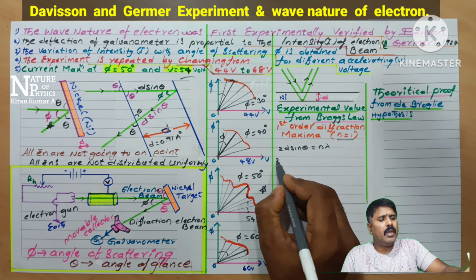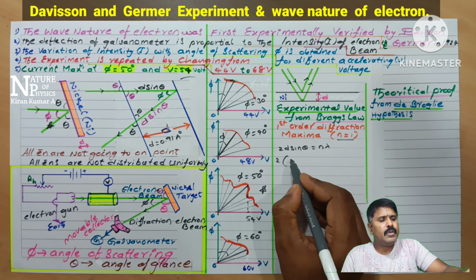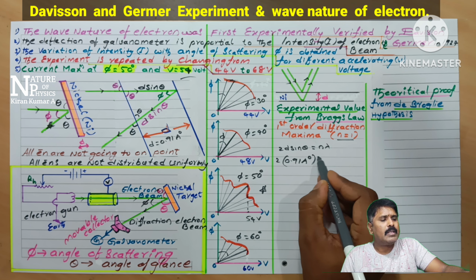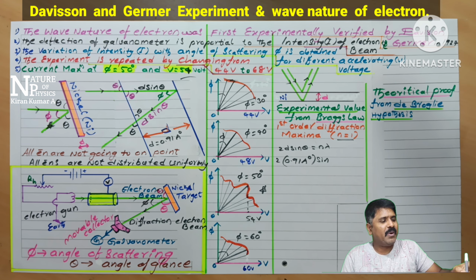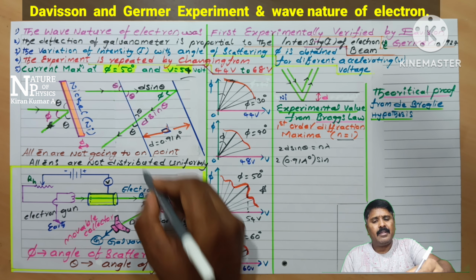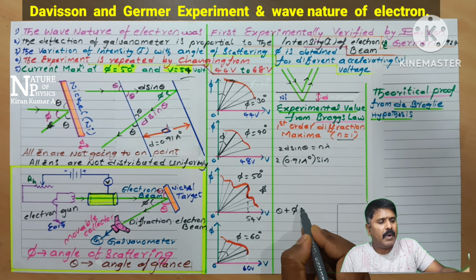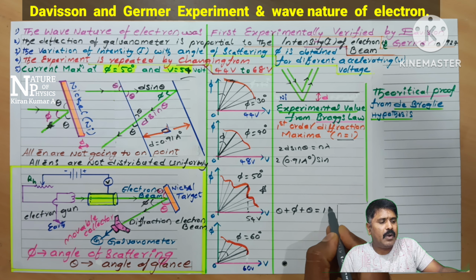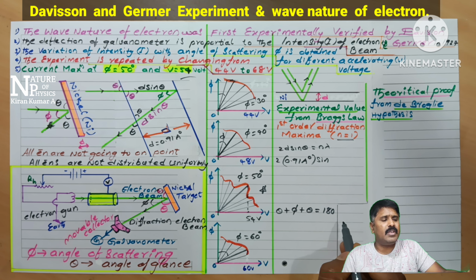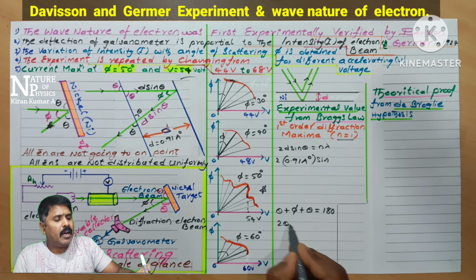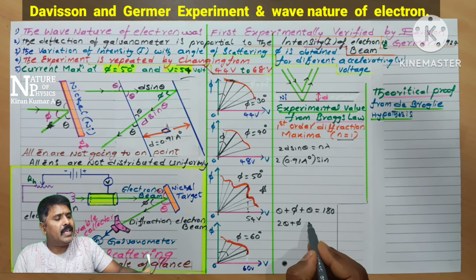So replacing 2 into the D value, 0.91 angstrom, into sin theta, we have to find the theta value, student. For this theta value, theta plus phi plus theta is equal to 180 degrees, student. Theta is the angle of glancing, phi is the angle of scattering, student. So 2 theta plus phi is equal to 180 degrees, student.